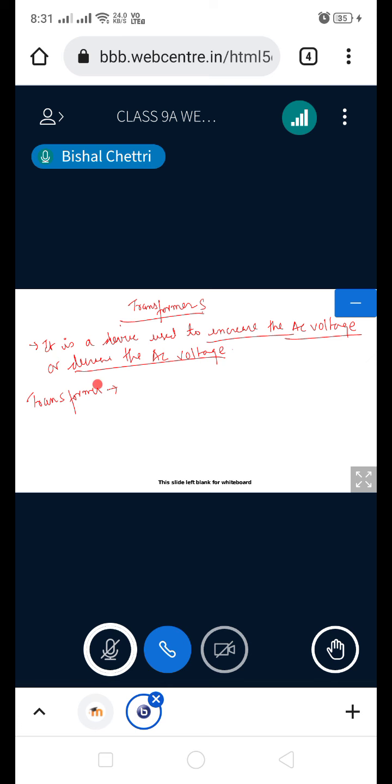A transformer which increases the AC voltage and decreases the AC current is known as a step-up transformer.